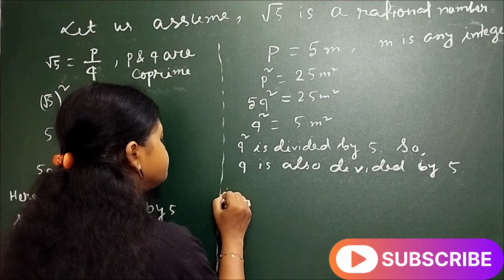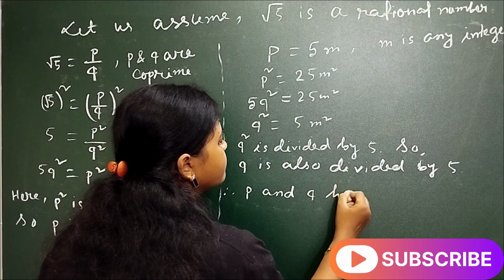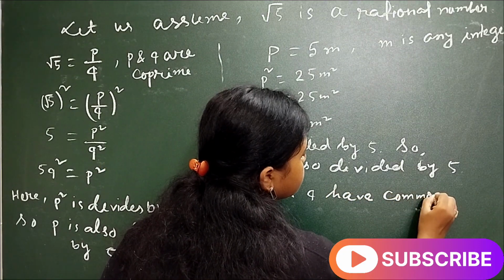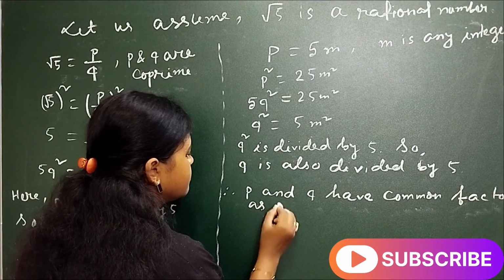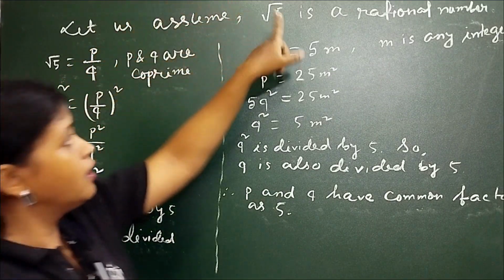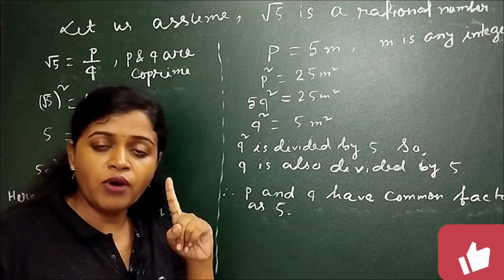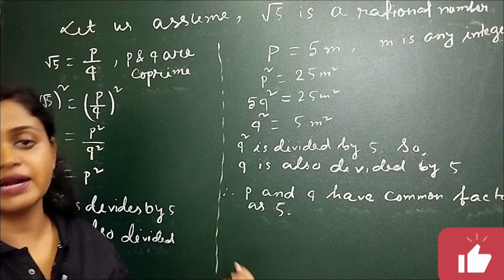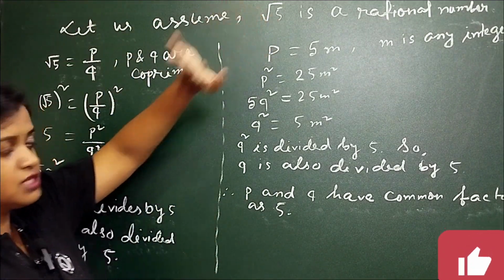So p and q have a common factor as 5, but here we assumed p and q are co-prime, meaning they would have only 1 as a common factor. But here we see 5 as a common factor. That means our assumption was false.